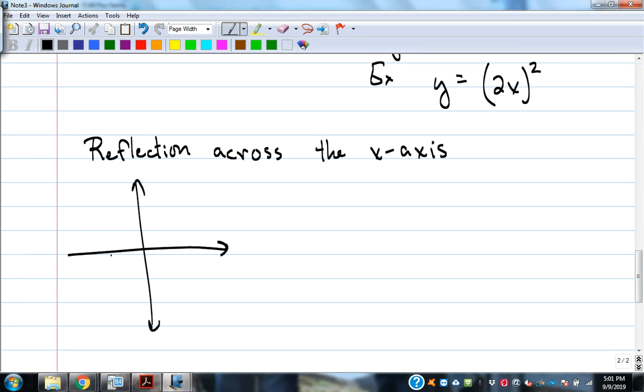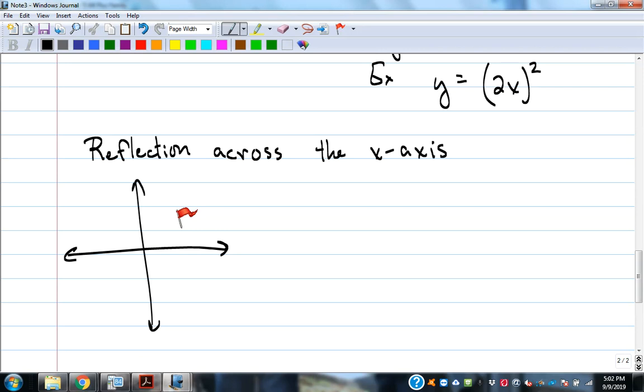I'm just drawing a little coordinate plane, and if I take this little red flag and flip it across the x-axis, where's it going to land? If I flip it across the x-axis, it does what? Boom, does that.